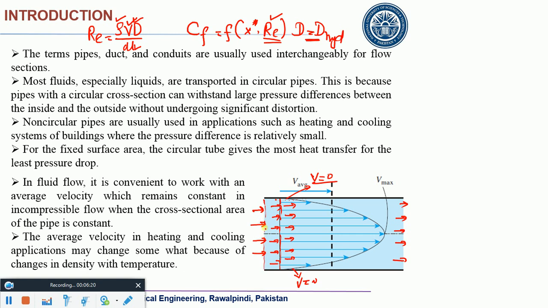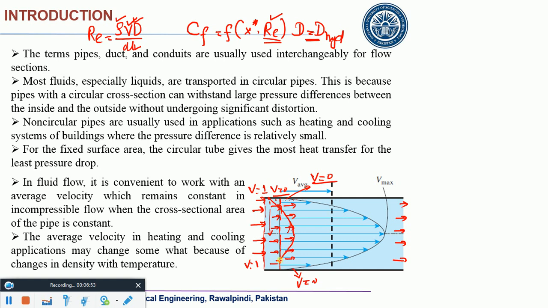If this velocity is, let's say, 1, and this velocity is also 1, but as you enter the pipe, this velocity becomes 0. So mass flow rate obviously should decrease. But can you decrease the mass flow rate? Not at all, right? So to compensate for this decrease, as you move towards the center, this velocity starts increasing.